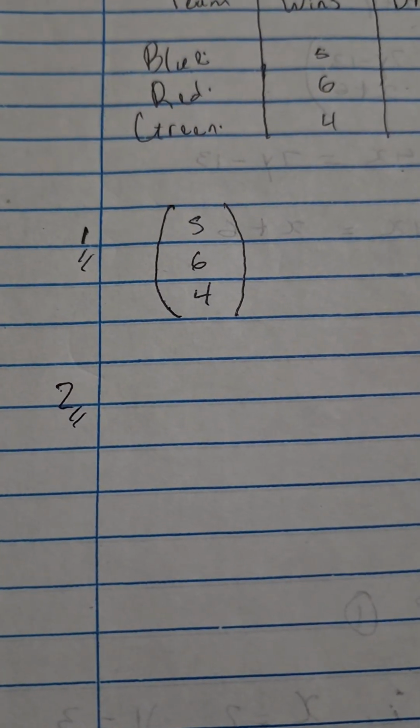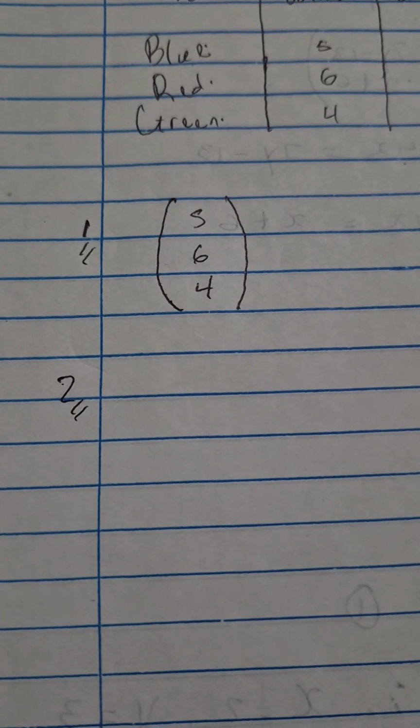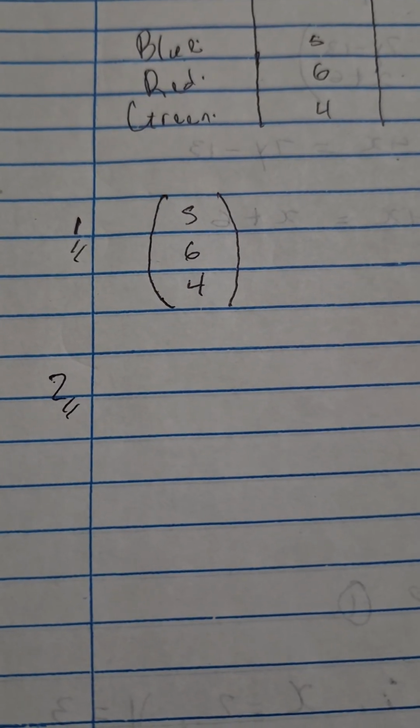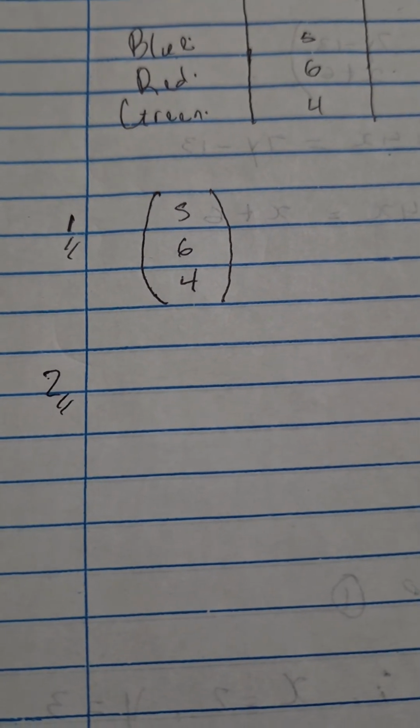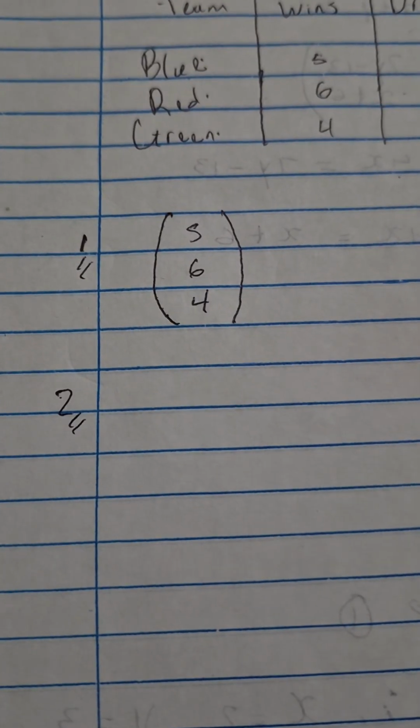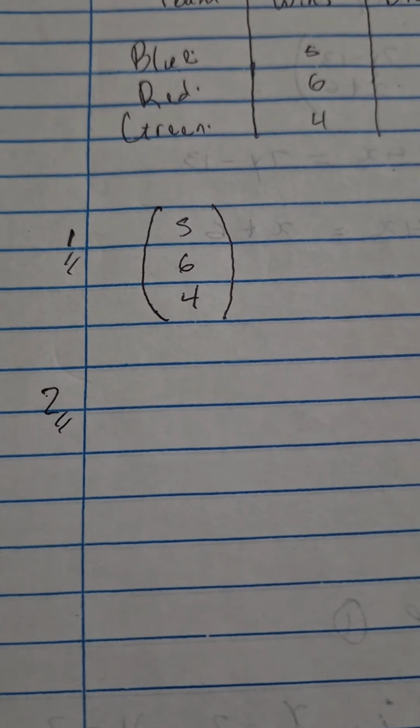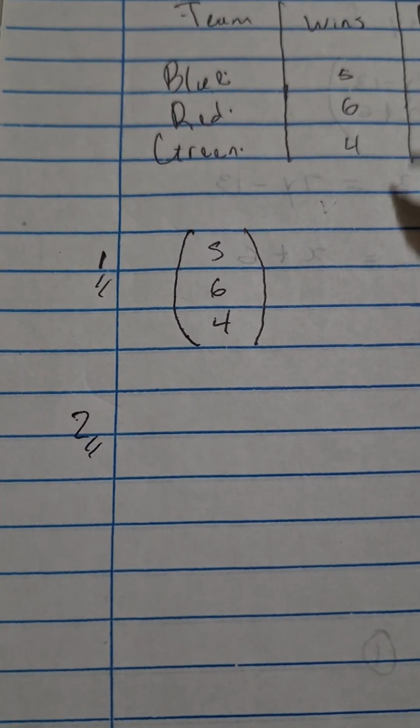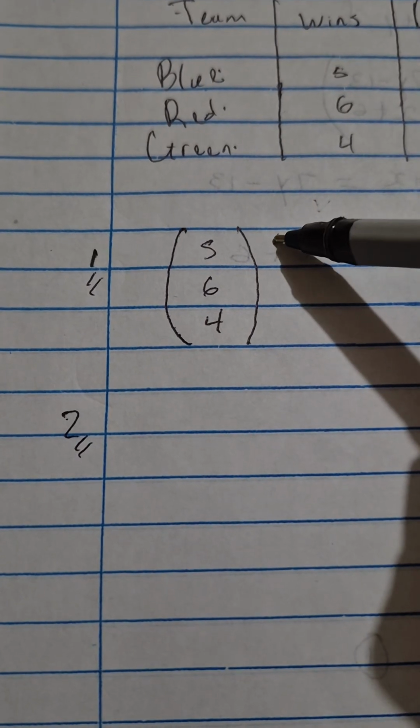Now, the second question basically asks, calculate the total points awarded for each team's wins. Now remember, whenever they win, they get 3 points. This matrix represents the amount of wins that they have, not the points.